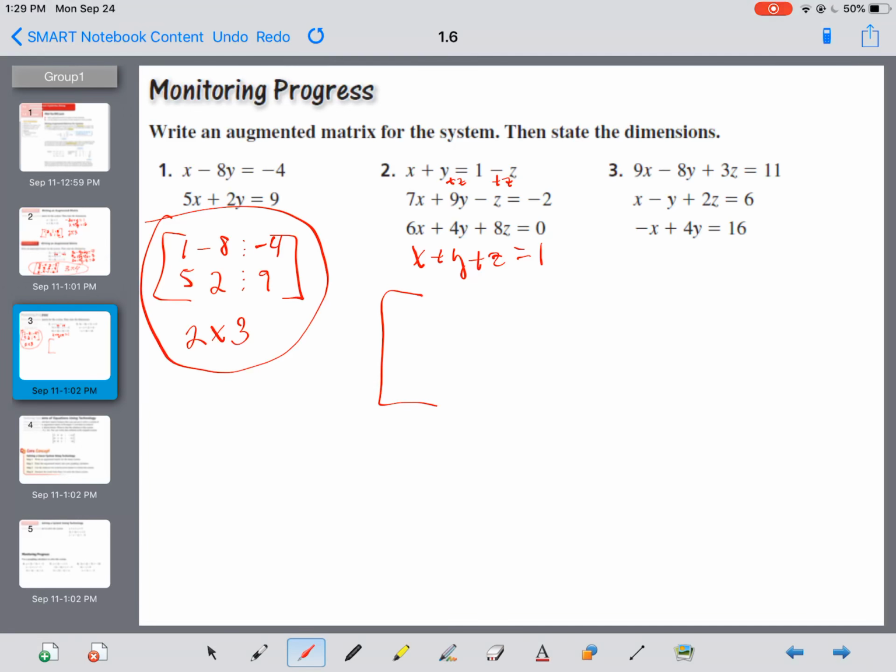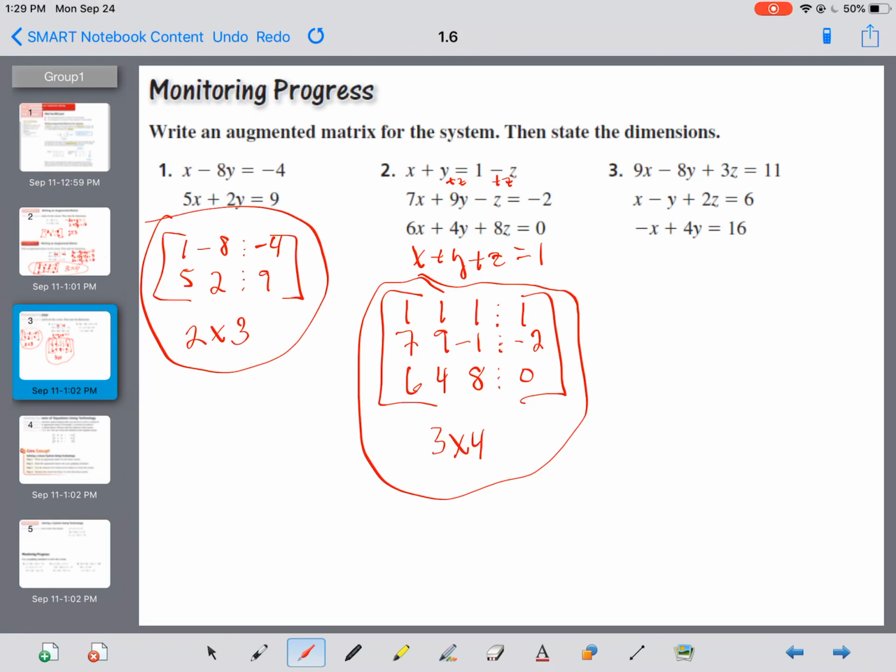The red one's the top one, so I'm going to make that my first list. So I'm going to make that a 1, a 1, and a 1, and then a 1. Then I'm going to put my 7, my 9, my -1, my -2, and my 6, my 4, my 8, and my 0. And that's a 3 by 4.